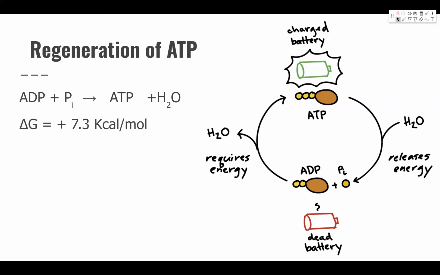This is our dead battery. It has the, not potential energy, but it is possible to make it become energy again. But we need to do something to it. We need to phosphorylate it or dehydrate it.